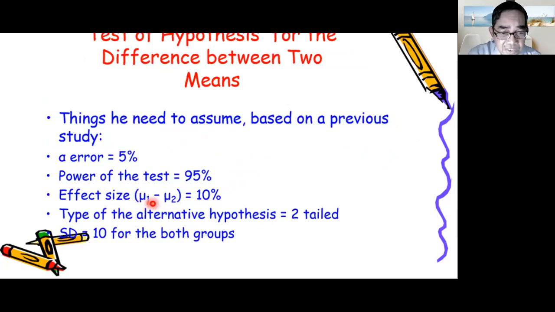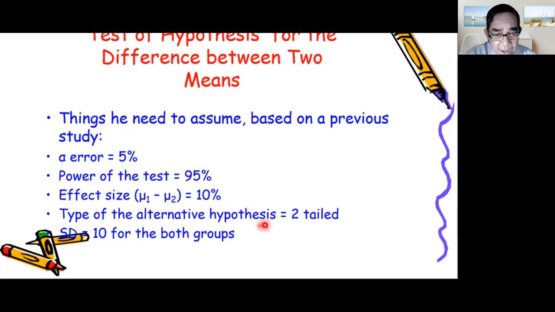If you have two means that you can get from a previous study, mu sub 1, the mean percent reduction among those given less than four injections of Avastin, and mu sub 2, the mean reduction among those given 4 or more injections of Avastin, the difference will be between these two means. For example, the difference is 10%. That is the effect size.